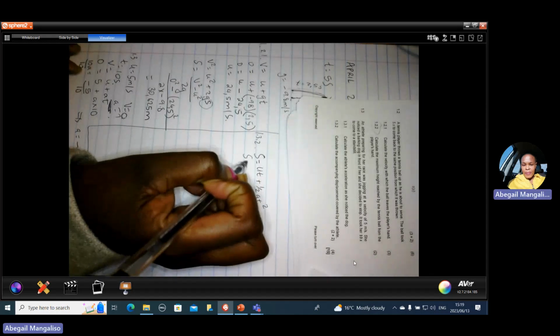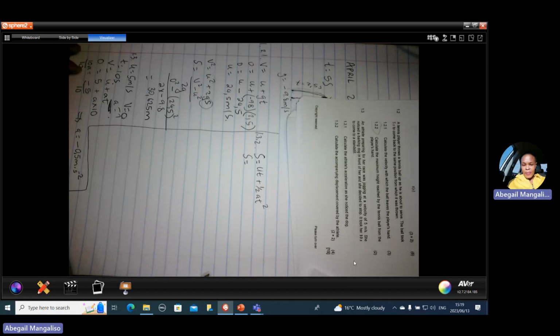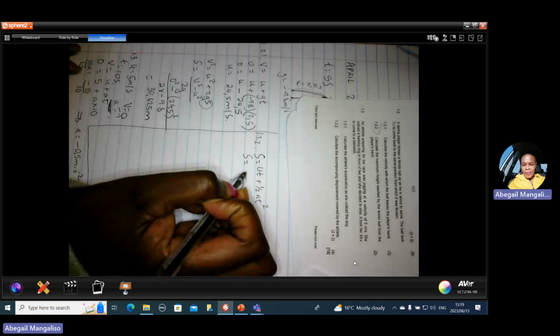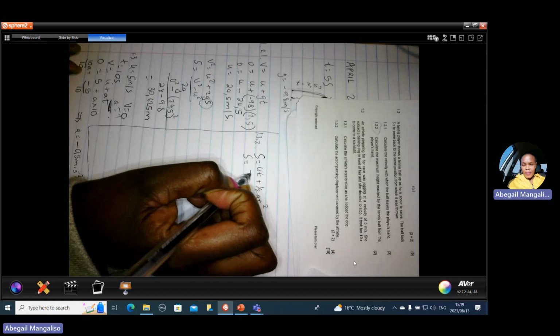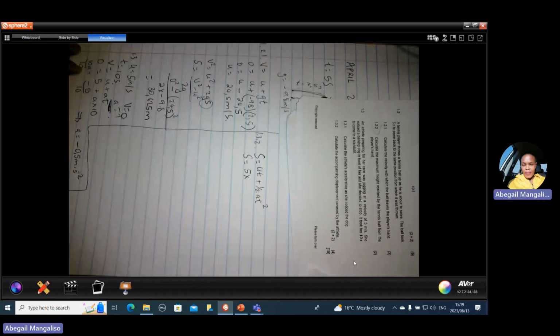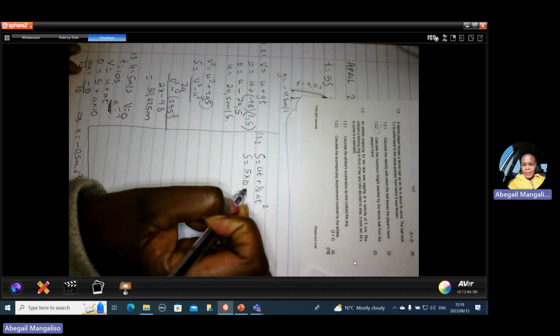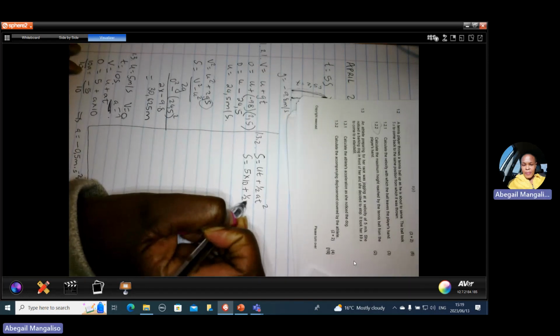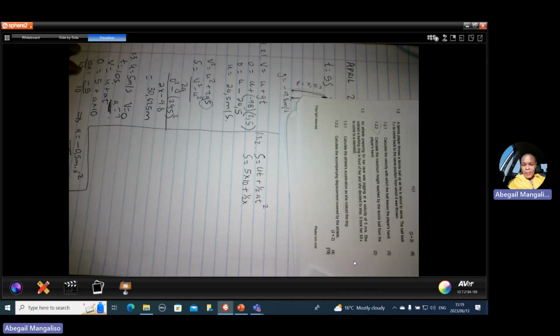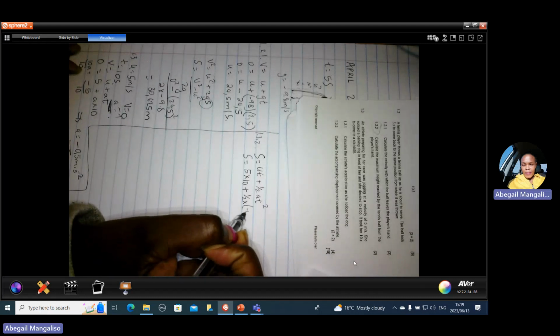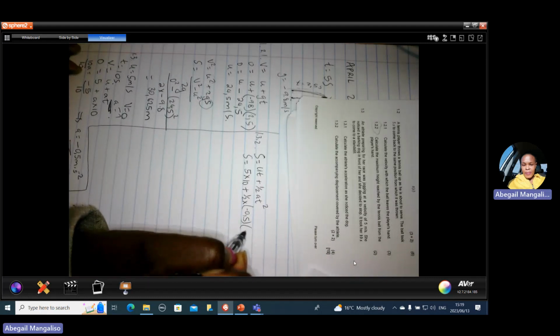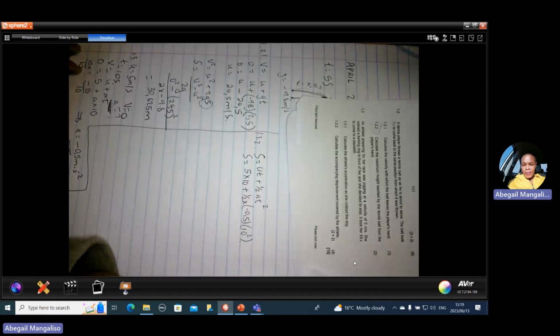The distance will be equal to the initial velocity 5 multiplied by the time taken, which is 10, plus half multiplied by the acceleration, which is negative 0.5, multiplied by 10 squared for time.